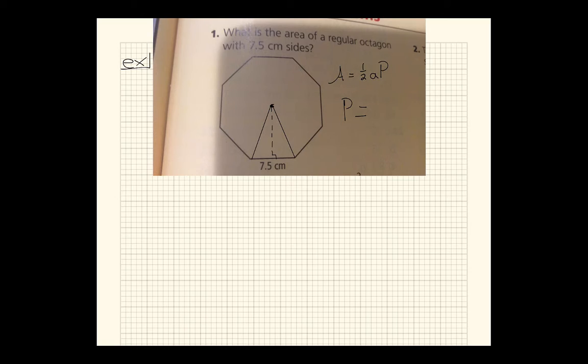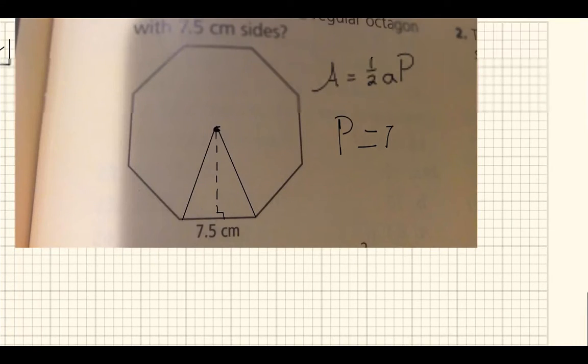So we are going to need to find this here, which is the apothem. But let's find the perimeter first. That's the easy one because we know side lengths are 7.5. And we know we have 8 of them. 7 times 8 is 56, and then 8 times 1/2 is 4, so it's 56 plus 4.